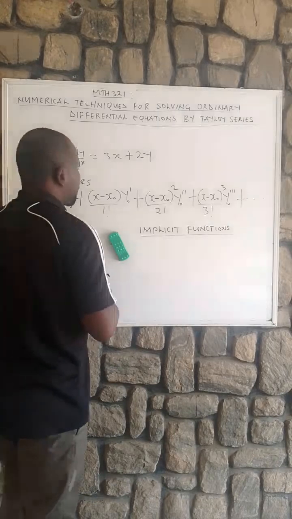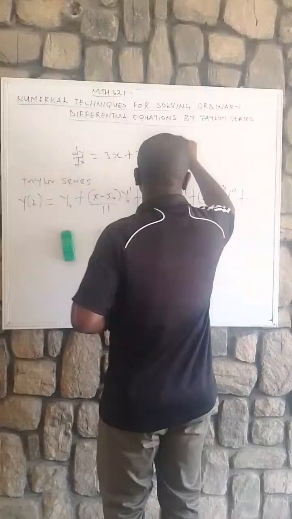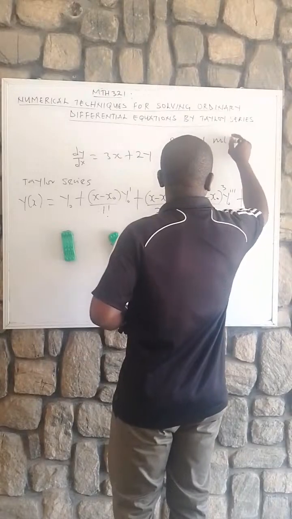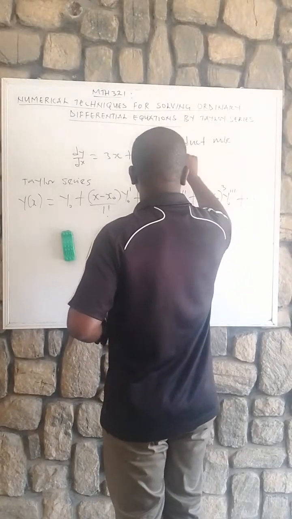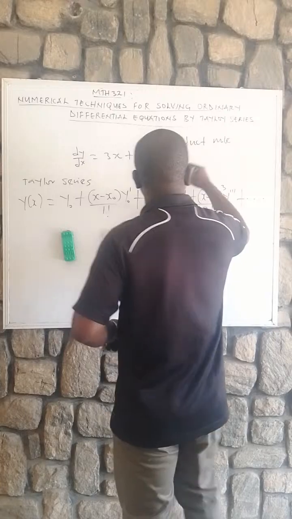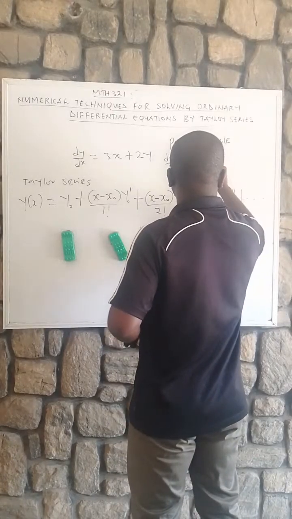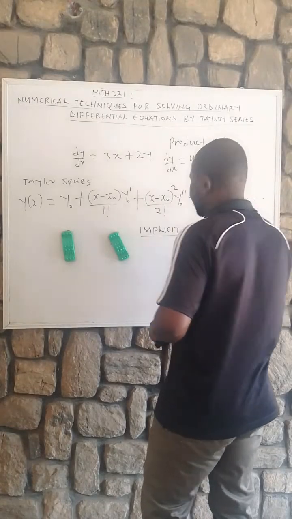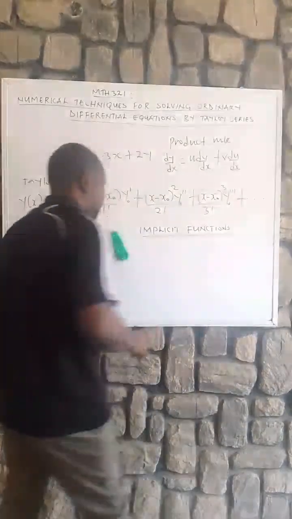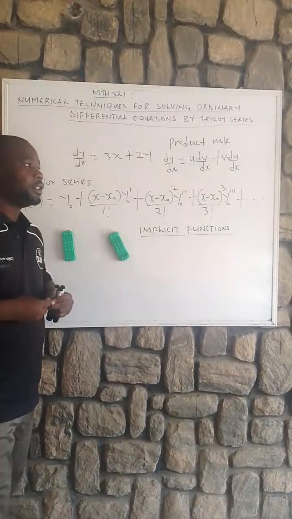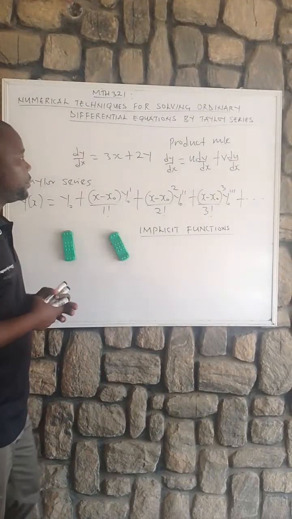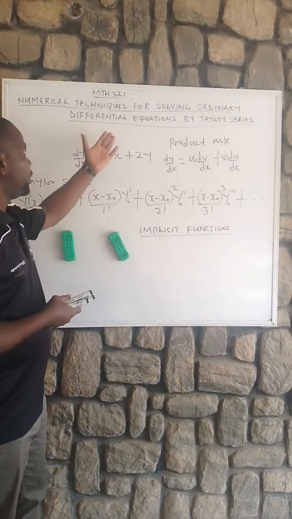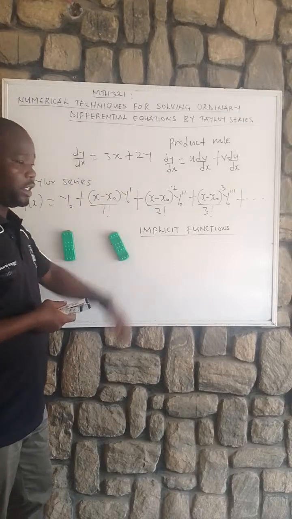You were taught how to use the product rule. True or false? What is your dy over dx is equal to either u dv over dx plus v du over dx. True or false? It is, right? Yeah. So if you agree with me, I think this will help us in terms of this ODE.